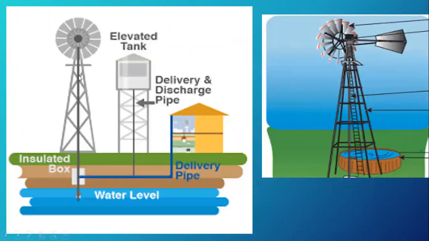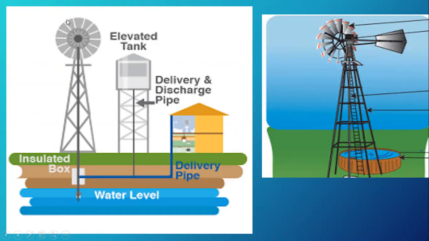Now we are talking about the wind, windmills that do work. How? These windmills contain blades. Can you see the blades here? These blades are moving because of the wind around them.